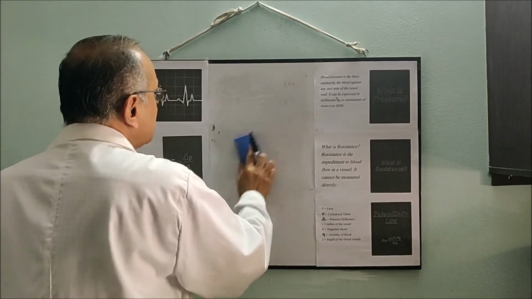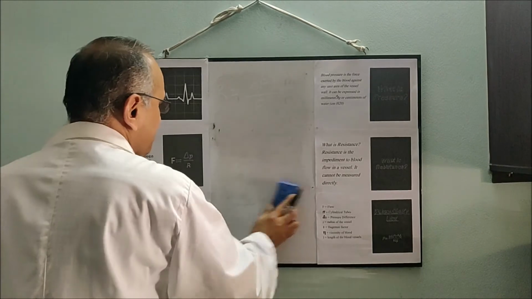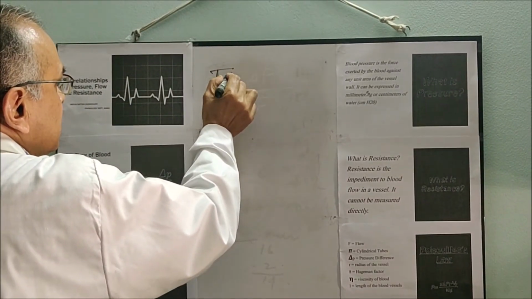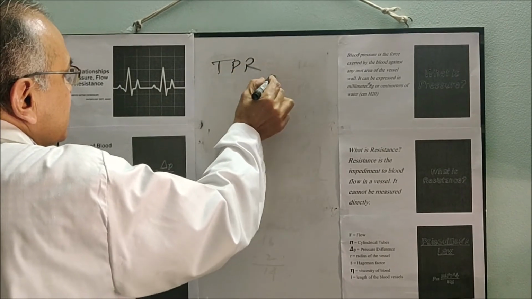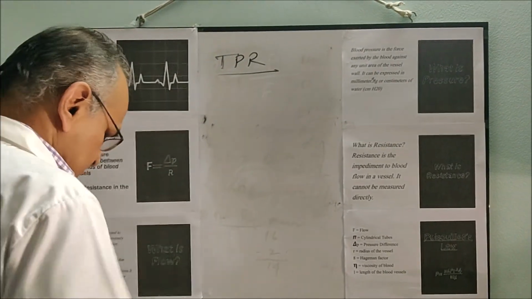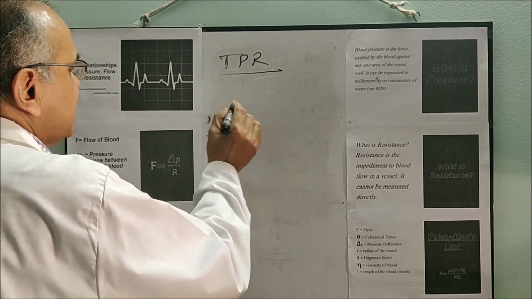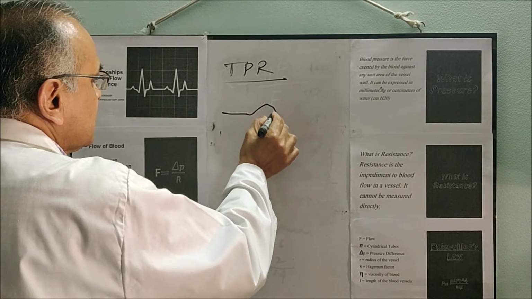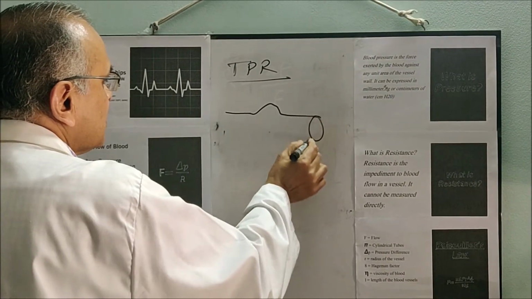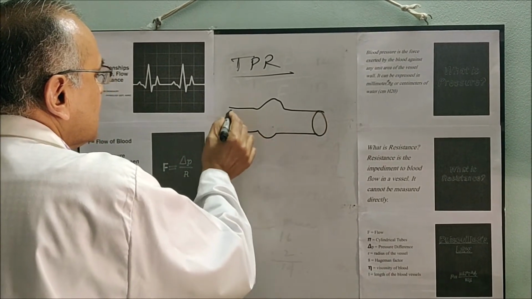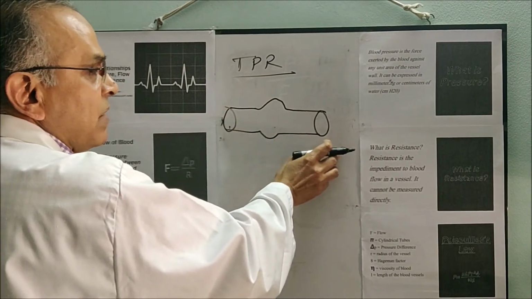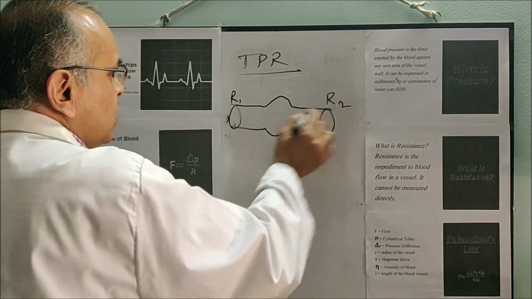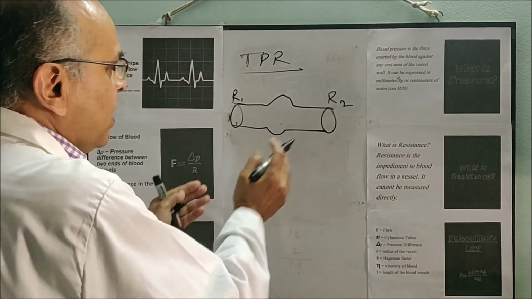Now, how do you find total peripheral resistance? If you draw blood vessels in series, here R1, here R2, then the total peripheral resistance is the summation of R1 and R2.